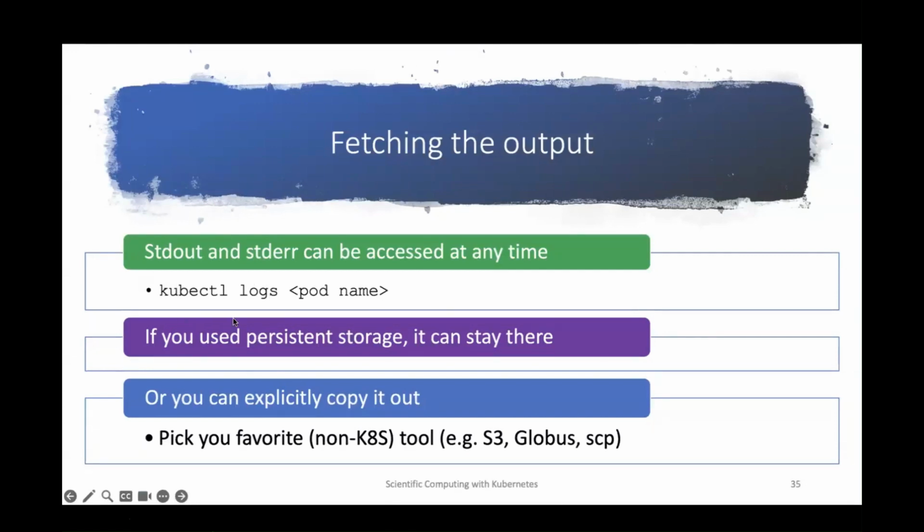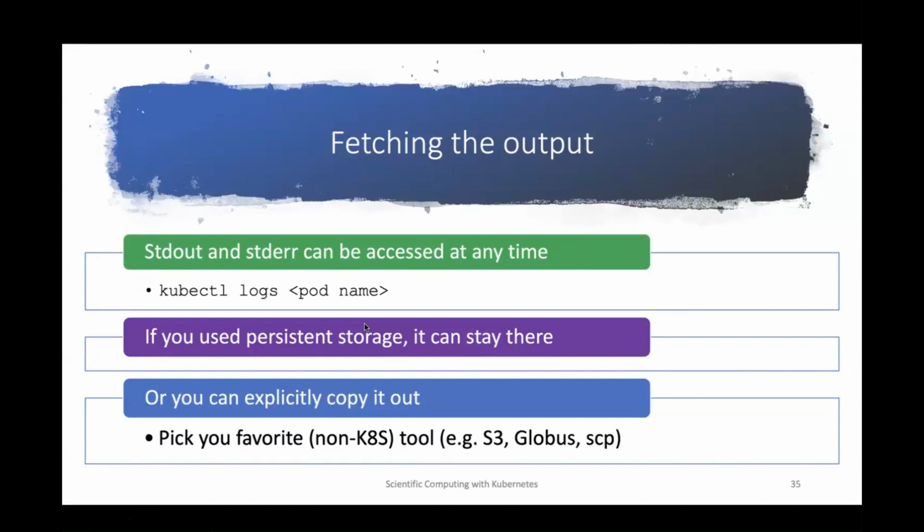If you have used persistent storage, well, it's there. You can use it. It will not go away. It will stay there for as long as the persistent volume claim exists, which means nobody has deleted it, which nobody should unless there is a good reason for. The problem is just how to get it out. Well, Kubernetes by itself doesn't really help you there.